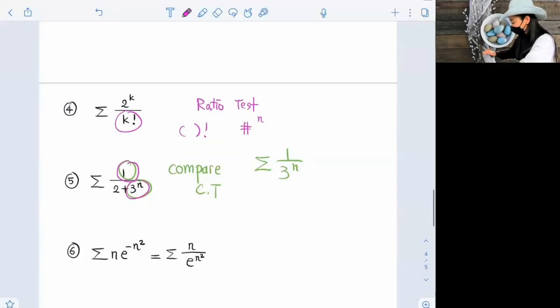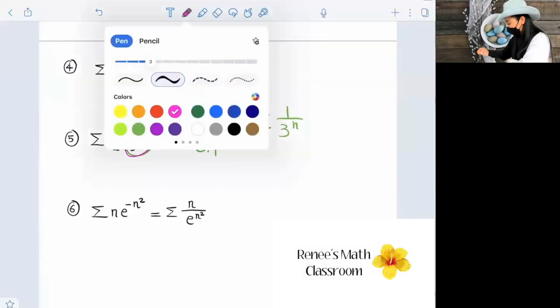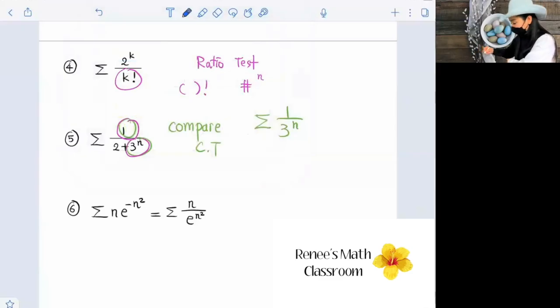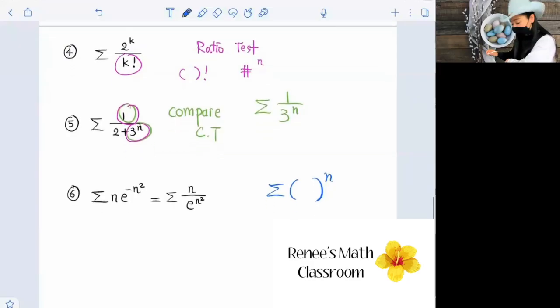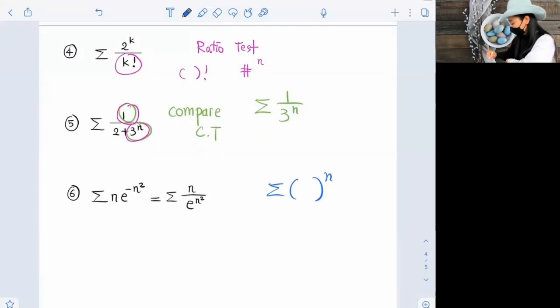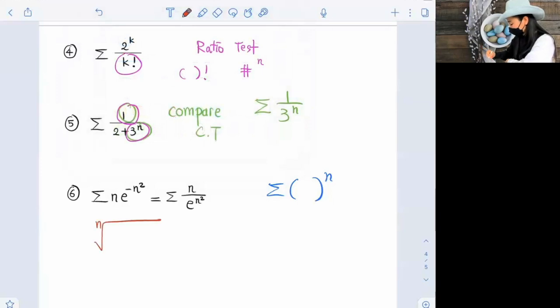I think this one here is going to work very well with the root test. Why? Because this one is to the n power. What happens when you take the n-th root of the absolute value of this?